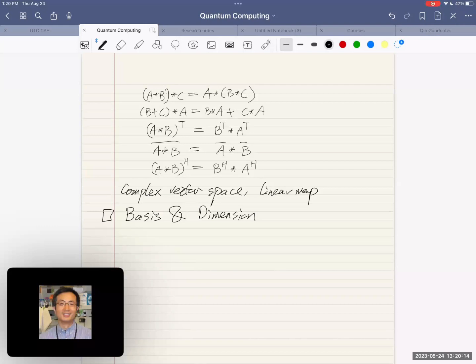This is quite important because many of the quantum computing transformation gates will use this concept.